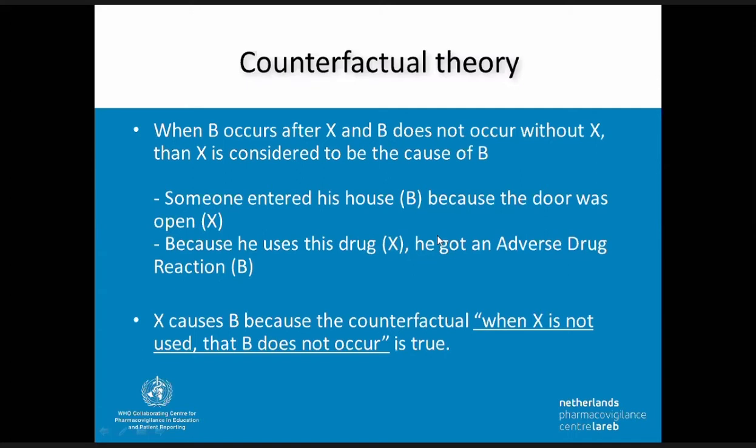So anyway, the counterfactual theory: when B, which is an adverse event, occurs after X, and then B does not occur without X, then X is considered to be the cause of B, isn't it? Think about it.